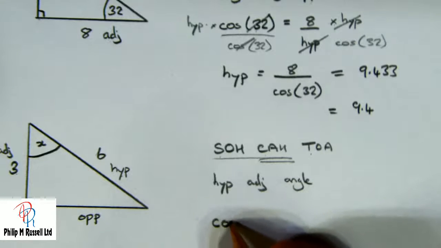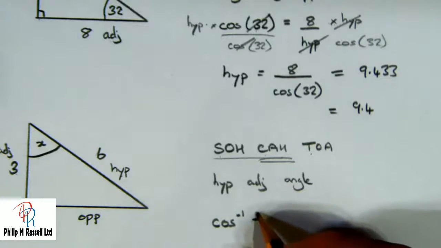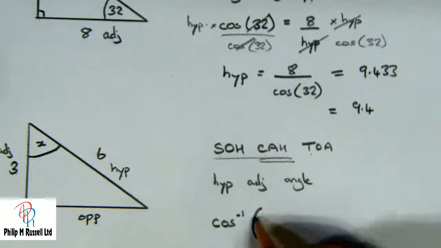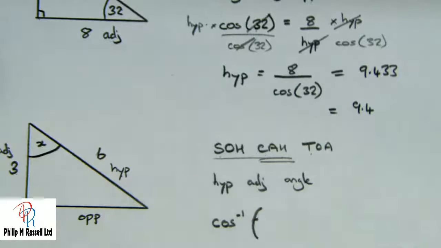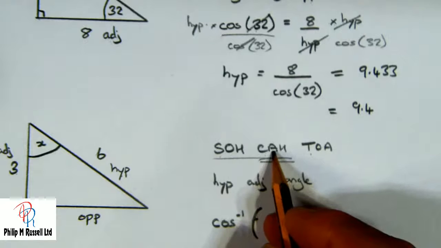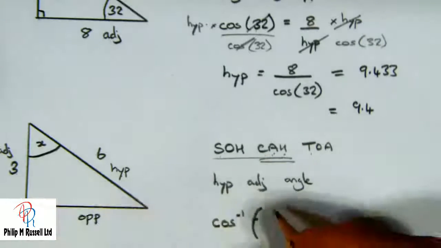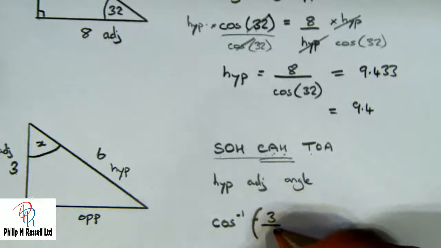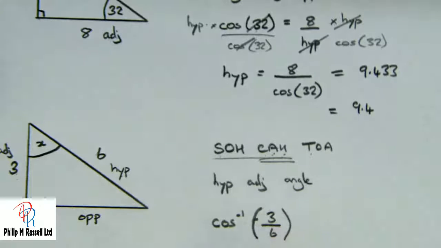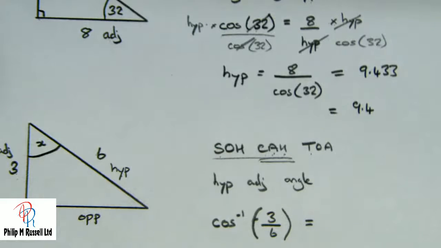So this is going to be cos to the -1 of my angle, and I could put in the equals, but I don't need to. We're going to put in instead a bracket, and here it's the cos, it's the adjacent over the hypotenuse, so it's going to be 3 over 6, and there's my sum to put in the calculator.